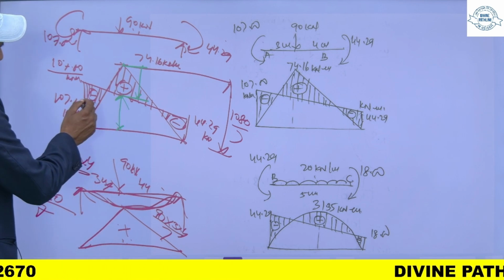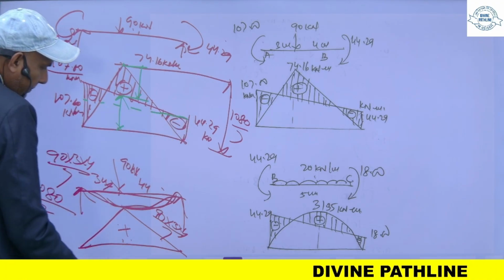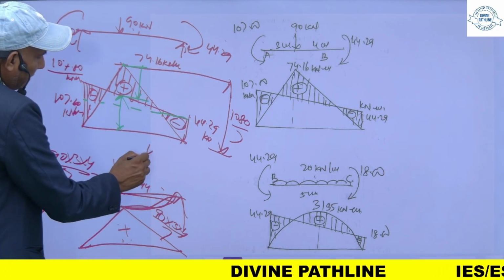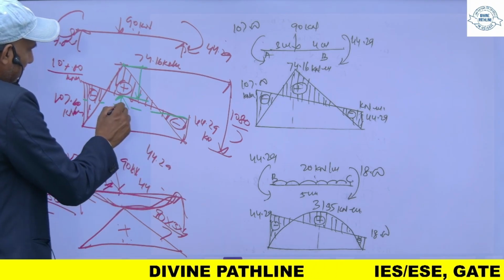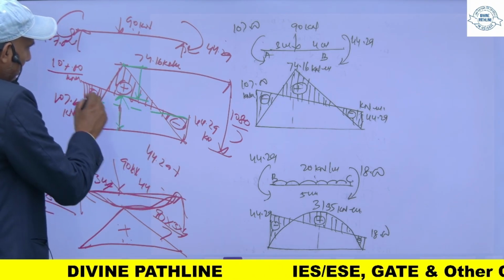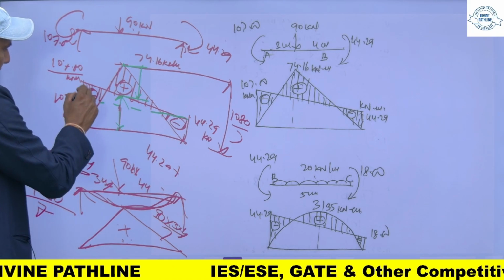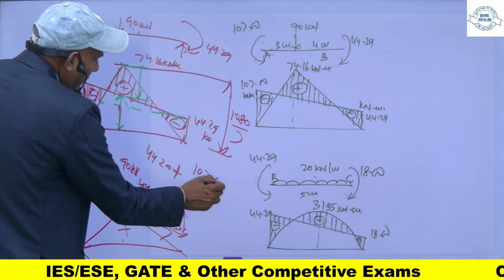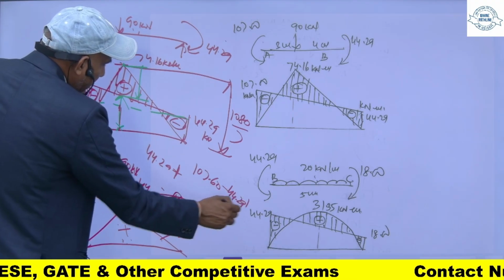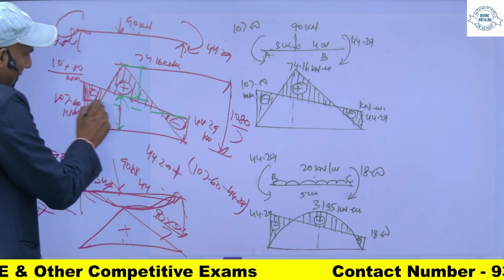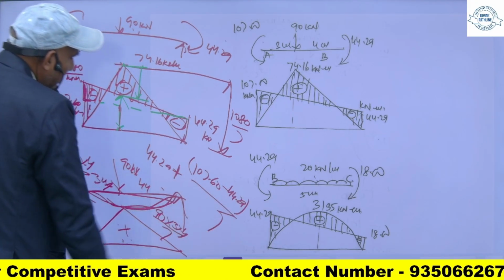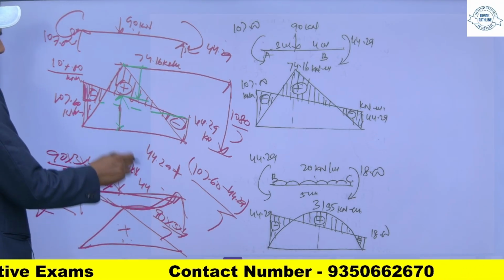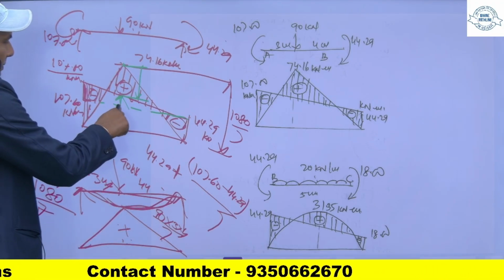For this value you can calculate from interpolation. For finding this, what will you do? This is 44.29, plus the difference of this and this. So it is 107.60 minus 44.29. You will get this one. So this divided by this length is equal to this divided by this length.